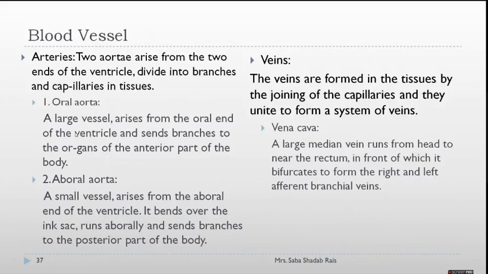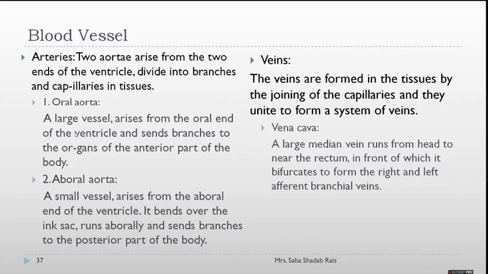Aboral. Now it is small. It arises from the aboral end of the ventricle. It bends over the intestine, runs aborally and sends branches to the posterior part. So the aboral name itself is suggesting it is going downwards, right? So it will give blood supply to the posterior part of the body. Now veins are formed in the tissue by joining capillaries. Then venules, and then they unite to form the system of veins, that is the vena cava.